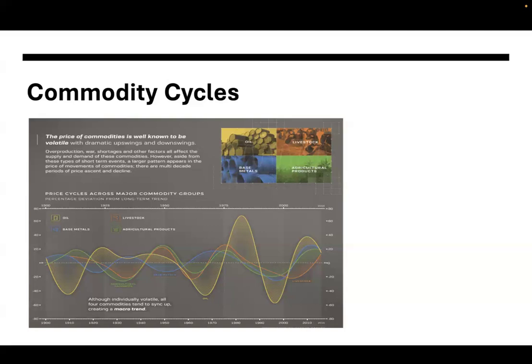So the commodities could be a raw material or an end product. These feed into different stages of the industrial cycle, and that affects the end product that we consume.